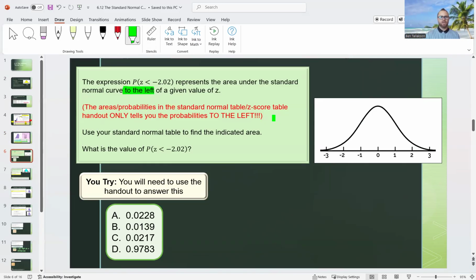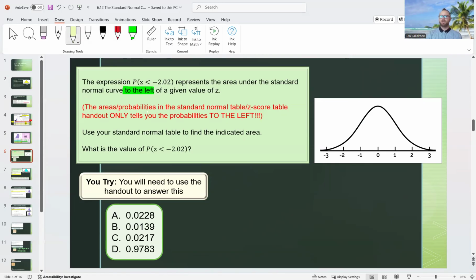Write down what's in red here. The areas, also known as the probabilities that you're seeing in those tables, only tell you the probability to the left. Okay? Make sure you're aware of that. You will need to know that very soon.